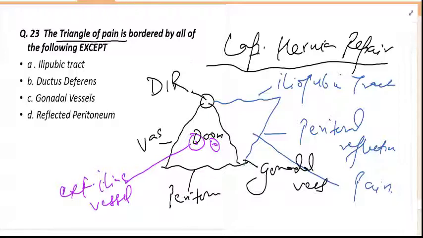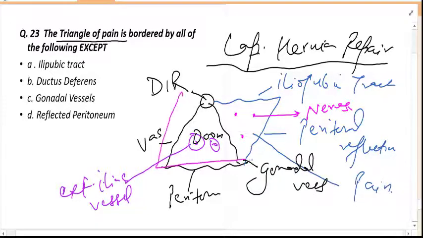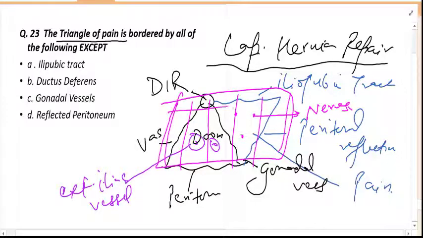This is called triangle of pain because in this triangle many important nerves are there, like lateral cutaneous nerve of thigh and femoral branch of genitofemoral nerve. Importance is when you do the inguinal hernia surgery laparoscopically, again you have to put a mesh. When you put a mesh, you have to fix the mesh by placing some trackers.